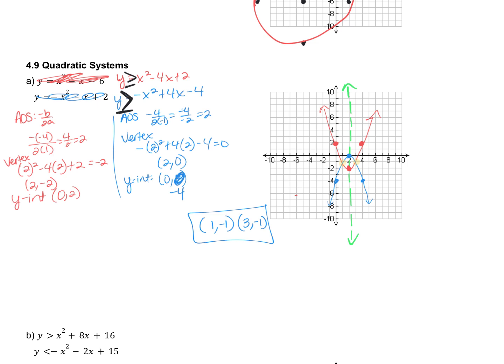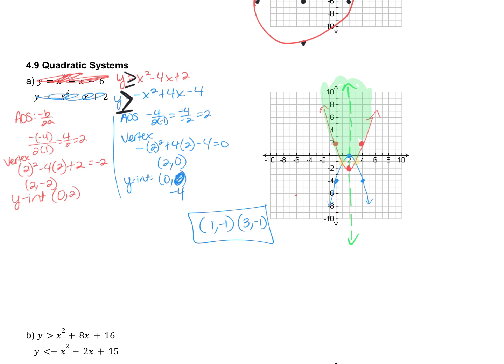So I would shade above on both of them, right? So where would that be? That would be right here in this region. So if I change those equal signs to inequalities, that's what it would be.